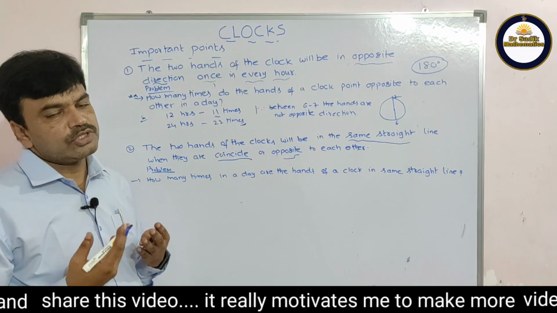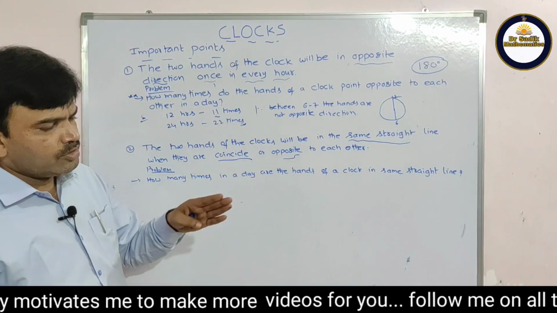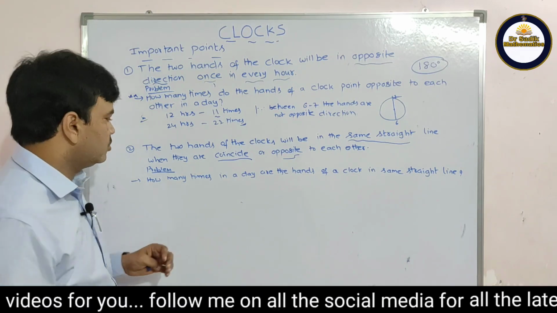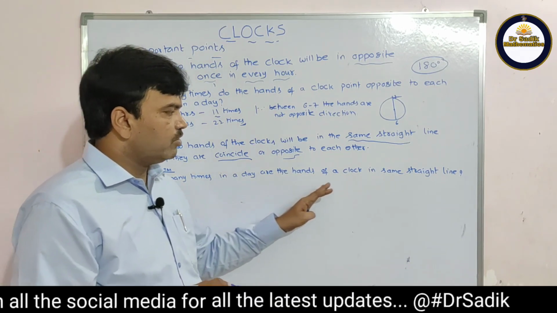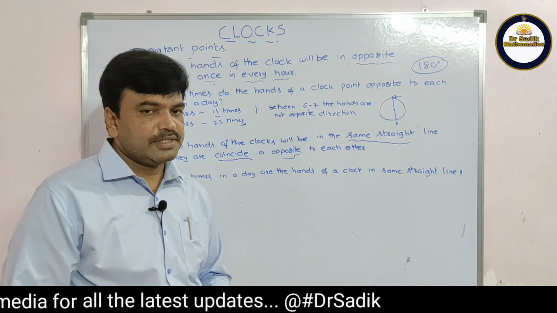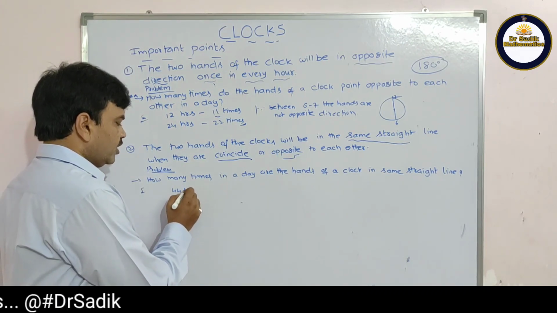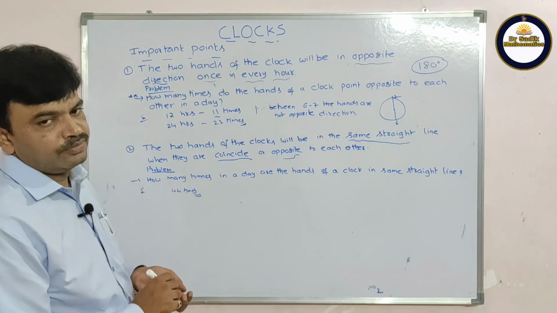Sometimes it may be coincide or sometimes it may be opposite. So let us see the problem: how many times in a day are the hands of the clock in the same straight line? The answer, friends, is 44 times.